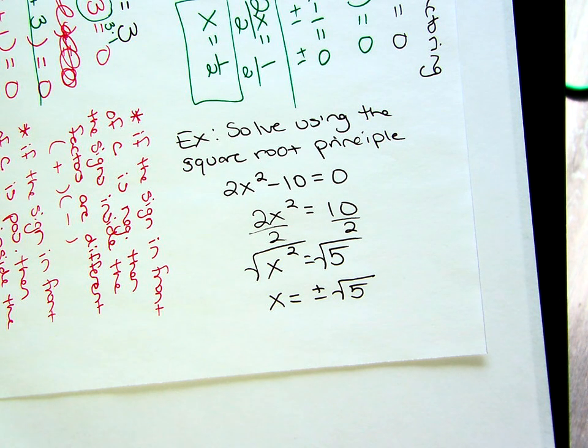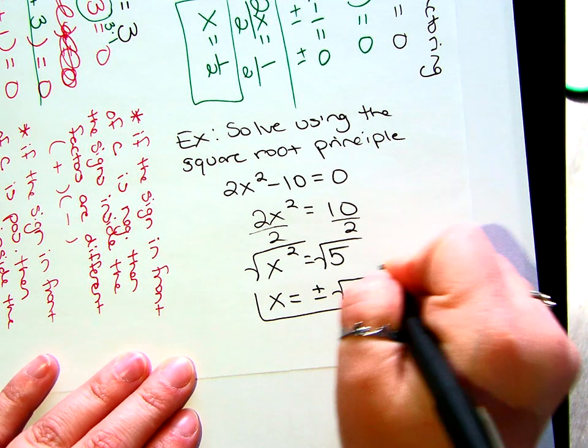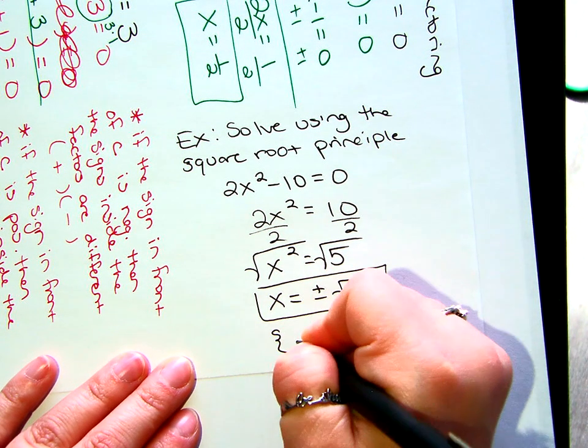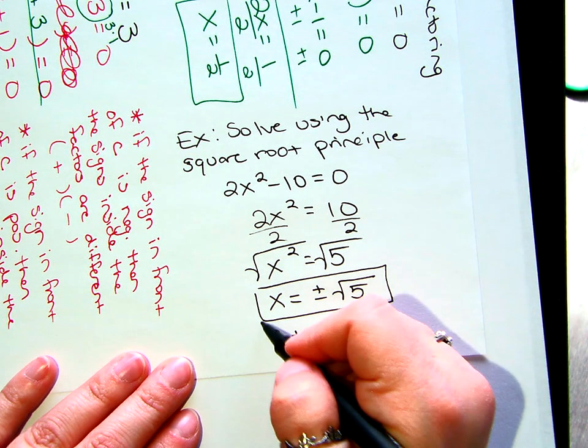Do not give a decimal approximation unless it asks you to. Almost always it's going to ask you for an exact answer, and it's going to even tell you to leave it with the square root symbol. So this is the correct answer. I believe you are allowed to use the plus or minus symbol in the homework.